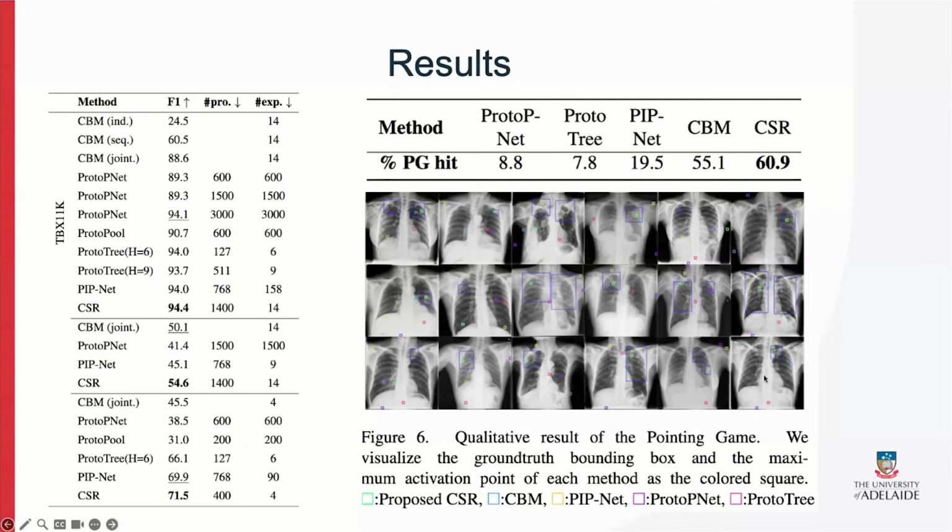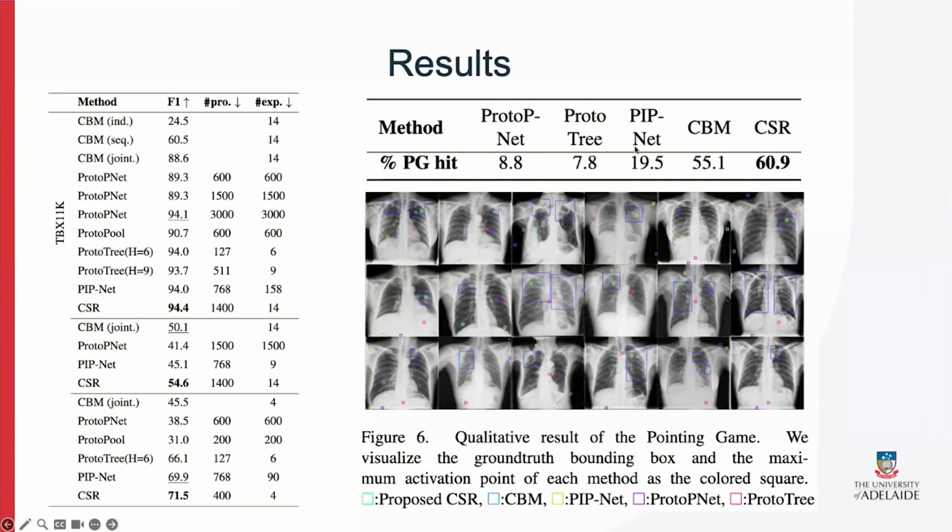If we look here on the image, the CSR is the green square and the purple rectangle is the bounding box ground truth. And CSR mostly lies within the ground truth bounding box and achieves a very high pointing game hit rate.